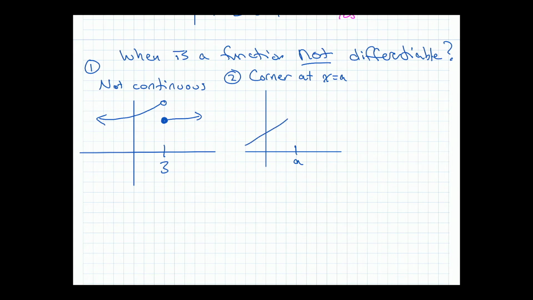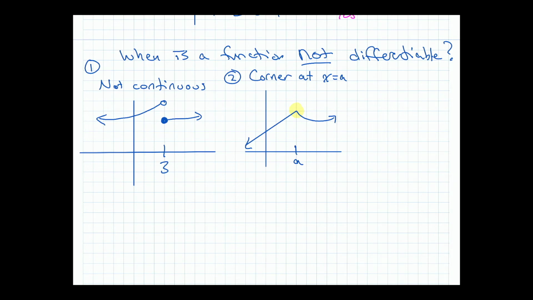So a corner, what I mean by that is if the slope changes there. At a point, if there's a sharp corner, then there is no derivative. The reason is, remember what a derivative is supposed to be: the slope of the function.